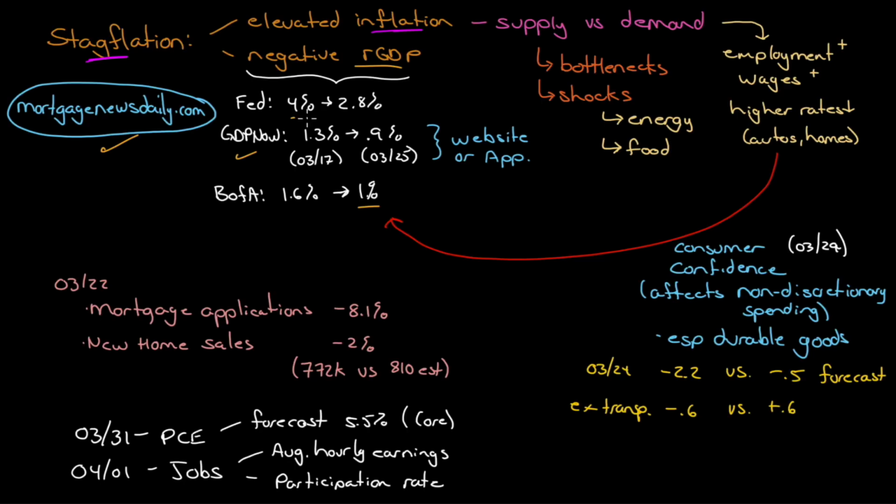We saw in the last Fed meeting, the summary of economic projections, the Fed had decreased their forecast for real GDP for 2022 from 4% down to 2.8%, and had unemployment not changing while inflation was coming down, rates were going up.